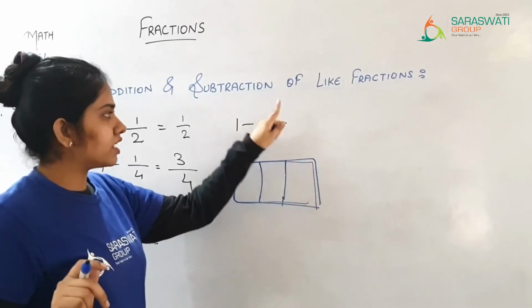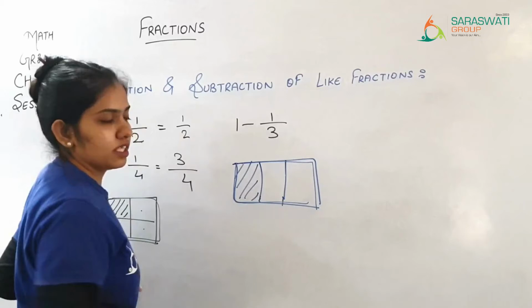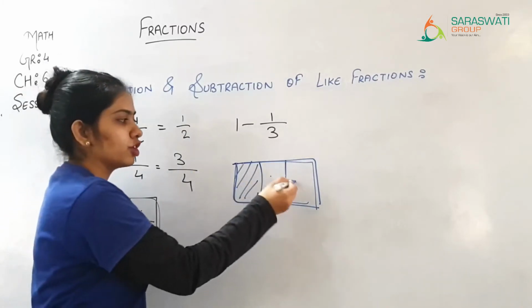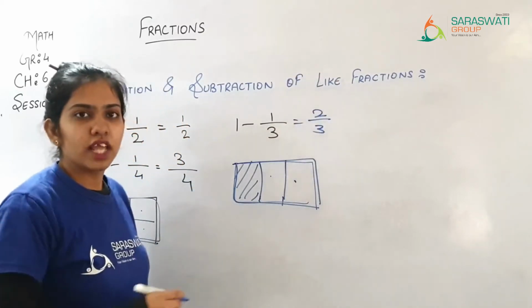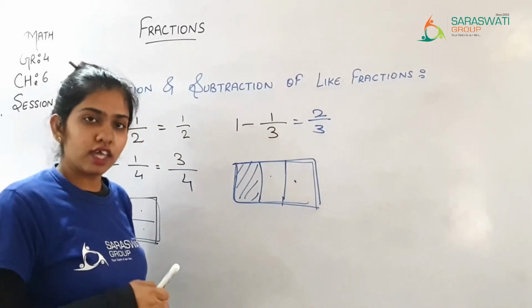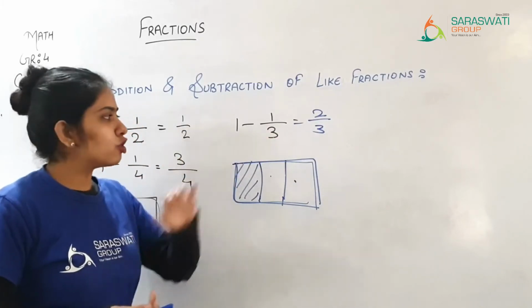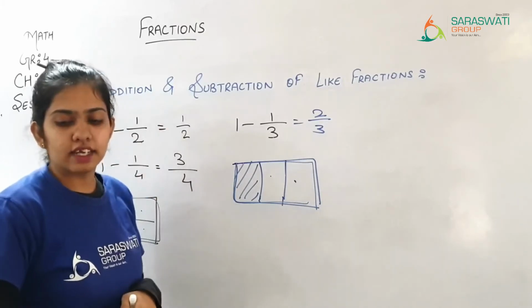From these 3 parts, one we are going to minus. This we have minus. So now how many parts are remaining? 2. So 2 by 3 is our answer. Okay? 3 में से 1 एक माइनस कर देना है, आपको जो भी डिनोमिनेटर में डिजिट दिया वो उसमें से आपको एक डिजिट माइनस करके लिख लेना है.